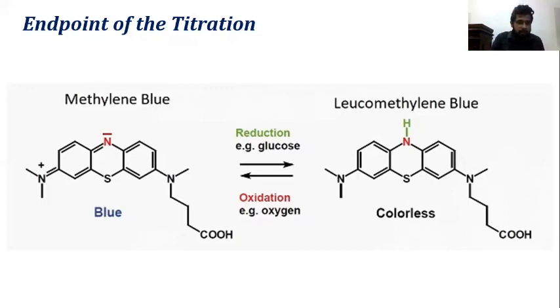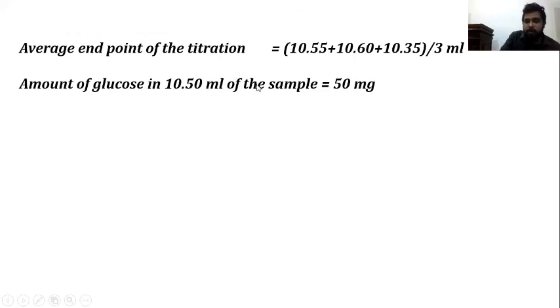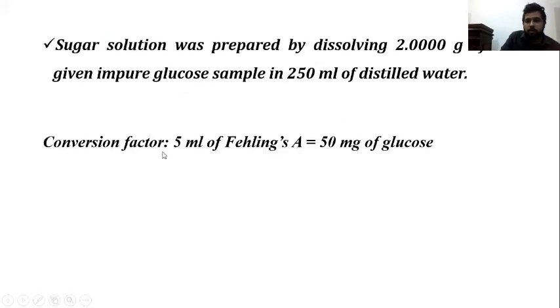Okay, in that sum, how do we get the weight of glucose as 50 milligram, because here the volume is 10.5 milliliters. We use the conversion factor. We consider that 5 milliliters of Fehling A is equivalent to 50 mg of glucose.